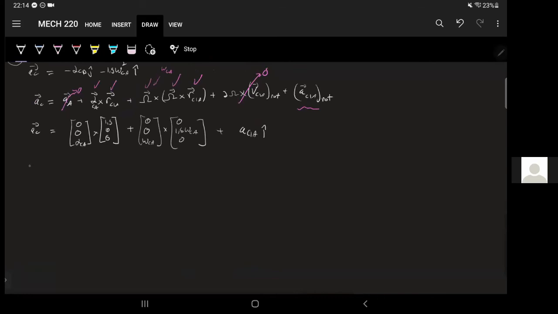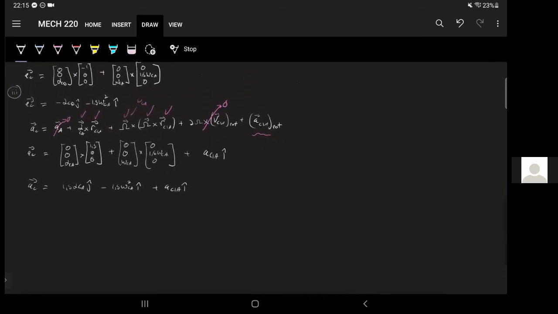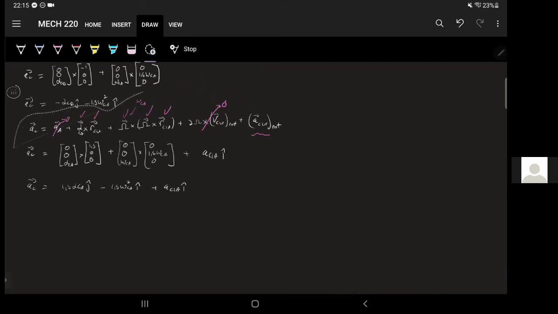And then expanding everything, we have 1.5 alpha CA J hat minus 1.5 omega CA squared I hat plus ACA I hat. Let me space this out a little bit better.